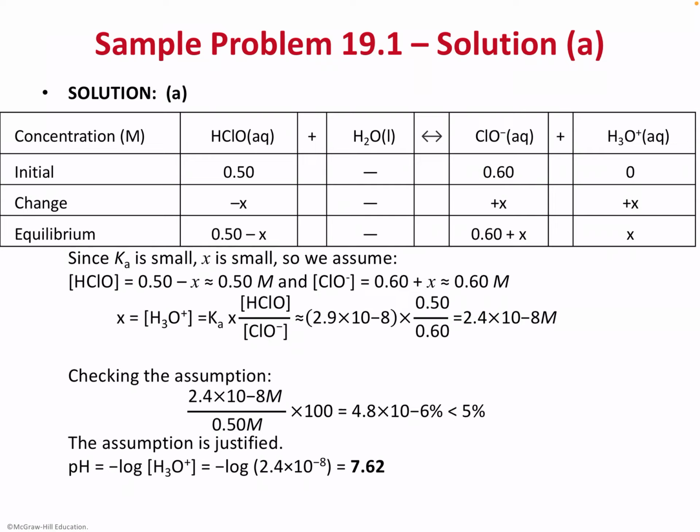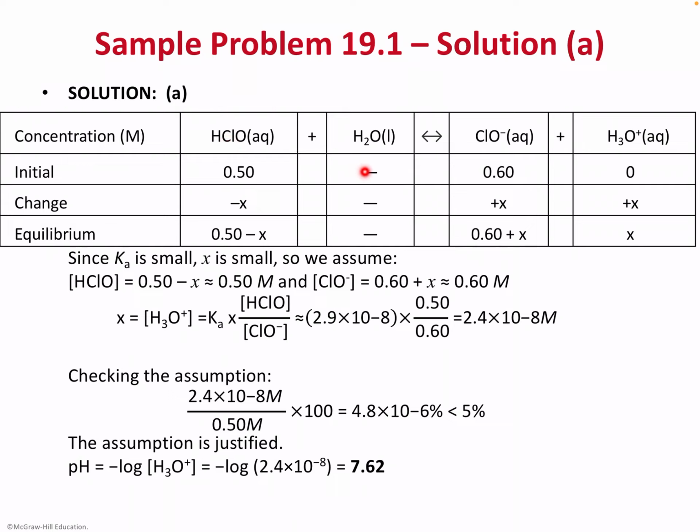Here is our reaction. How is the hypochlorous acid going to react with water? Hypochlorous acid with water is going to give you hypochlorite ion and hydronium ion. Now initially, remember this is a buffer. We are given initial molarity of acid as 0.5.